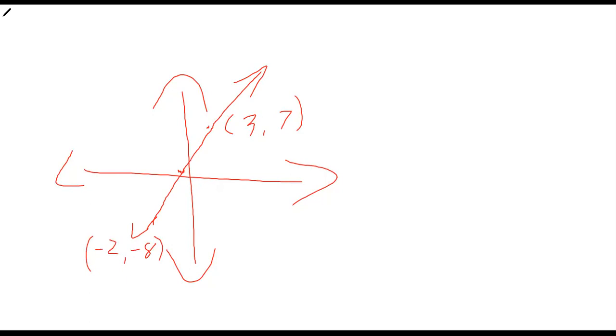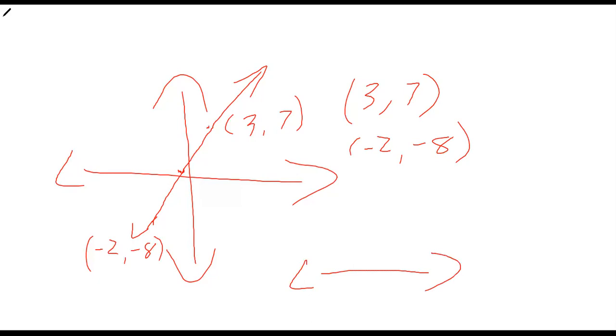So if we have our 2 points, 3 and 7, and then -2 and -8, does anybody remember how we would find the midpoint when it was only on one dimension, on a number line?